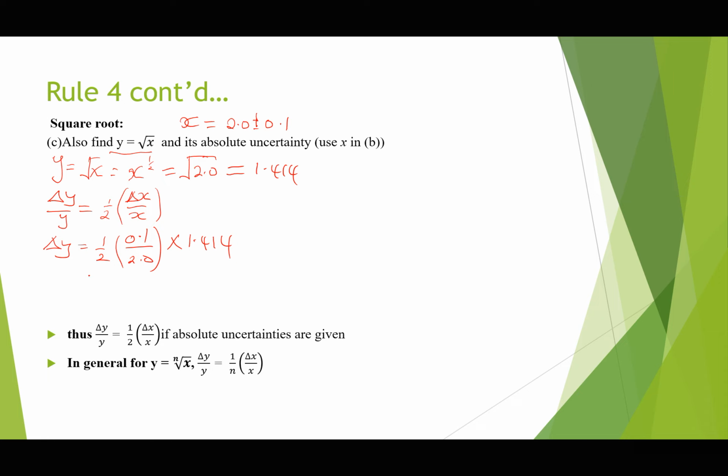So this gives me my absolute uncertainty as 0.03535. To one significant figure, this is 0.04 plus or minus.